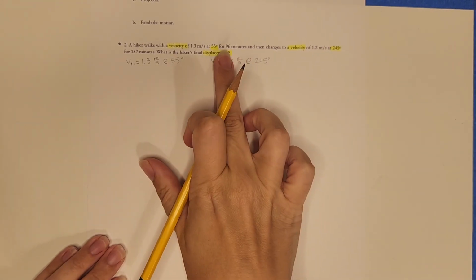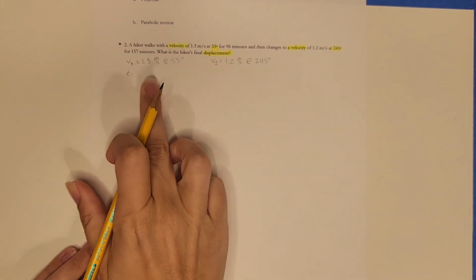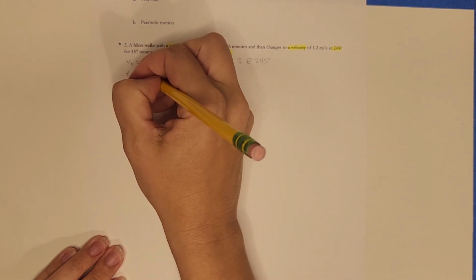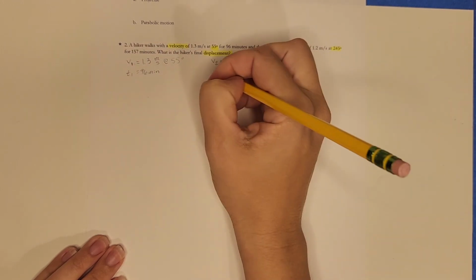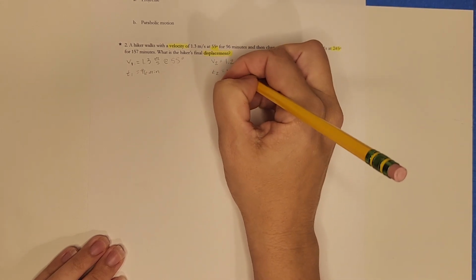And then I also have, along with those, 2 times. So my t1, that goes with the v1, is 96 minutes. And my t2 is 157 minutes.